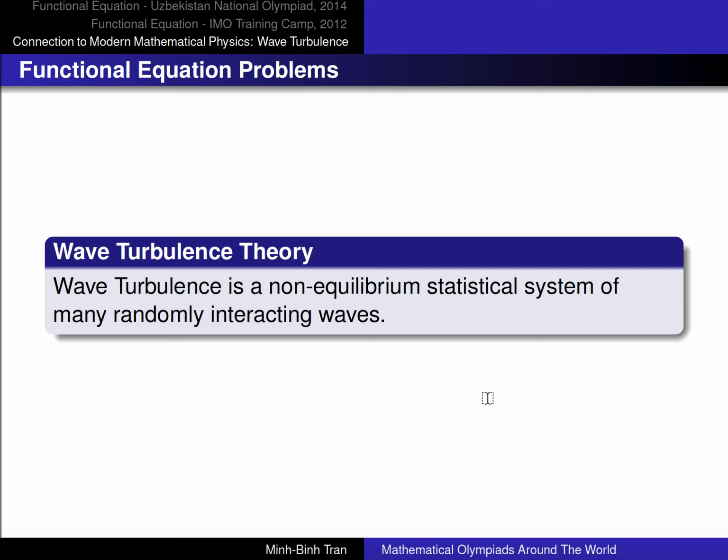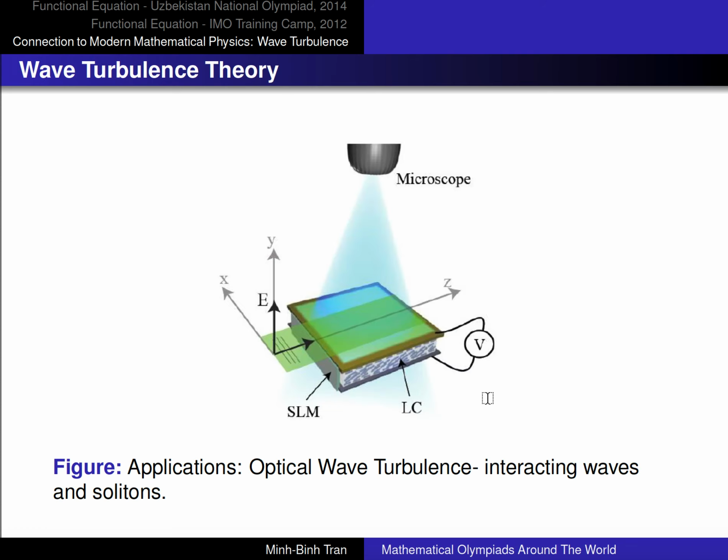Let us discuss the so-called wave turbulence theories. This theory is used to describe non-equilibrium statistical systems of many randomly interacting waves. This theory has a lot of applications.